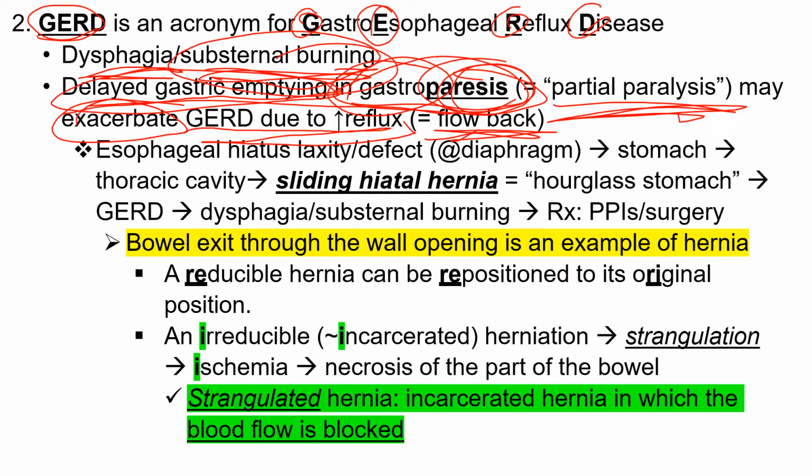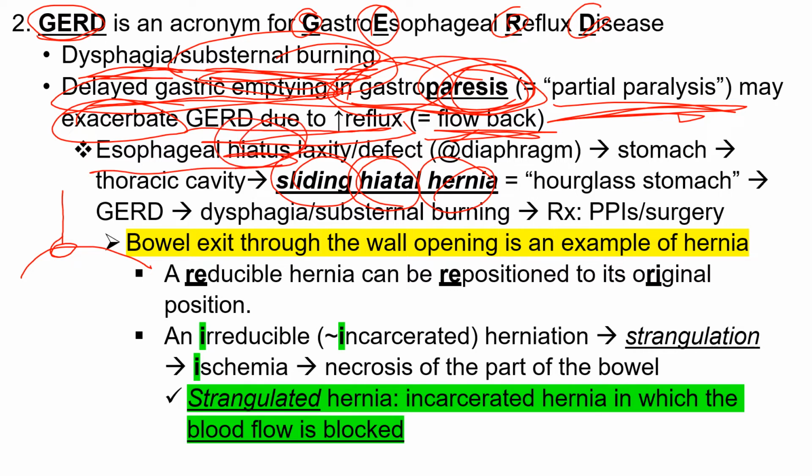All right, so there is a particular case of a so-called sliding hiatal hernia. Esophagus, before it joins and empties into the stomach, has to pass the diaphragm. There is a hole in the diaphragm which we call hiatus, okay, esophageal hiatus.